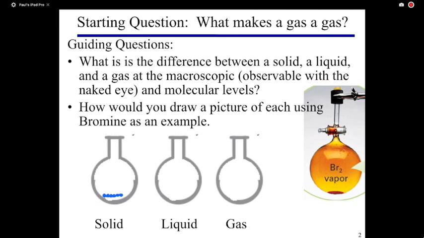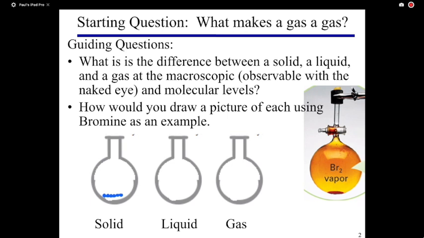But in solids, the molecules do not have enough energy to move past each other. They're vibrating, but they're stationary. They move a little bit, but they can't go past each other. The attraction between the molecules is so much that even though they're vibrating and have energy, they're stuck. That's why a solid retains its shape.